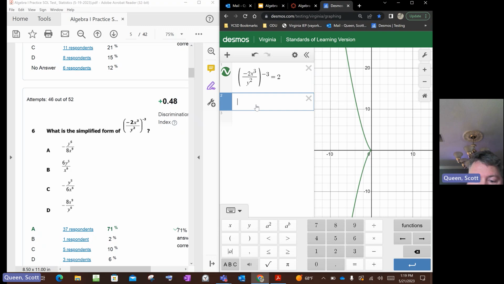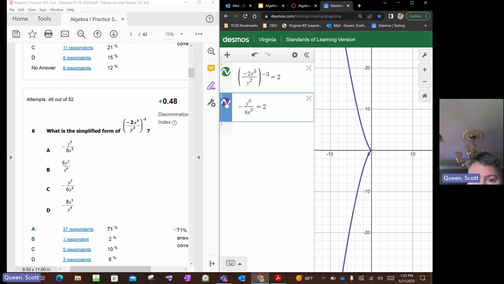All right, let's go to A, negative y to the 6th, and go down to the basement, 8x to the 9th. All right, and that's all there is, but we got that thing again. If we put this up here, we need to be consistent. Put an equal sign. We use 2, use the 2 again. Uh-oh, that's right on top. That's interesting. Keep going with that.